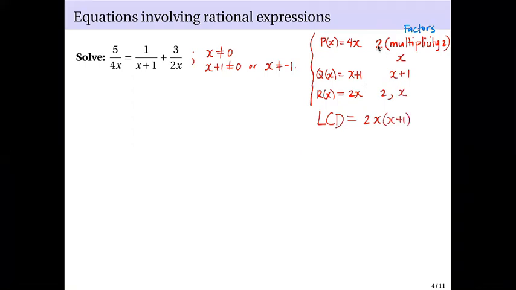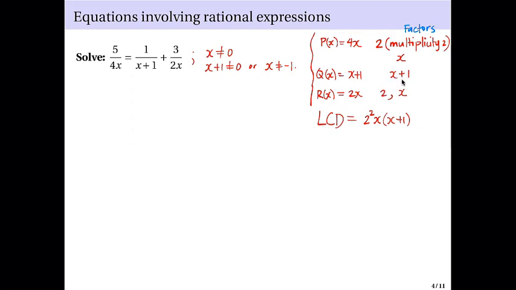Aside from the factors appearing, we consider the highest power of each factor. Here you have 2 with multiplicity 2, meaning 2 to the power 2, and the other factor 2 has power 1, so we consider 2 to the power 2. Then x here and x here both have power 1, so we just have x.